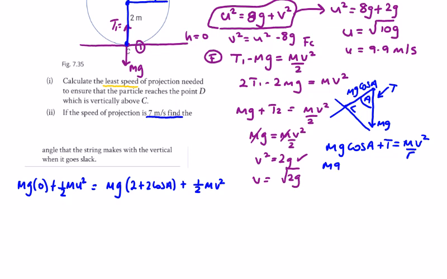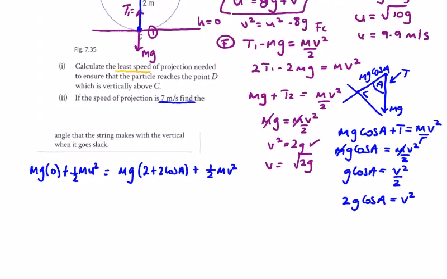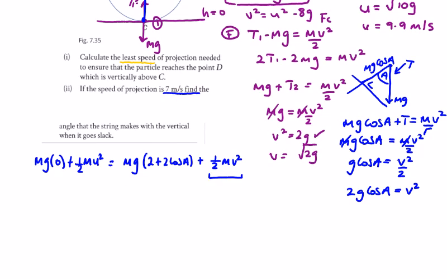So here we have mg cos A, tension in the string is going to go slack, is equal to mv squared over 2. So g cos A is equal to v squared over 2. 2g cos A is equal to v squared. We could leave it as v squared over 2 if we want to sub it in here. But let's sub 7 in for u.